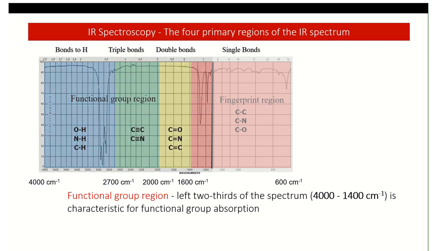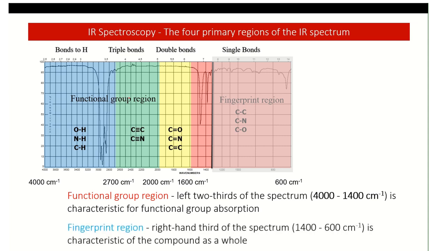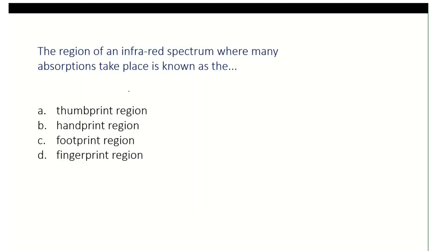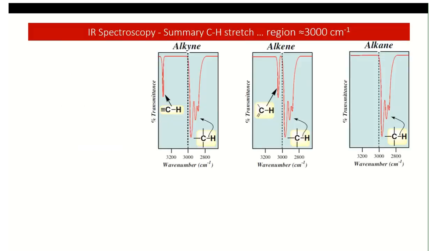Below that, of course, we will have the fingerprint region, and the fingerprint region we're not really concerned about in this course. You can see here a summary of some hydrocarbons.